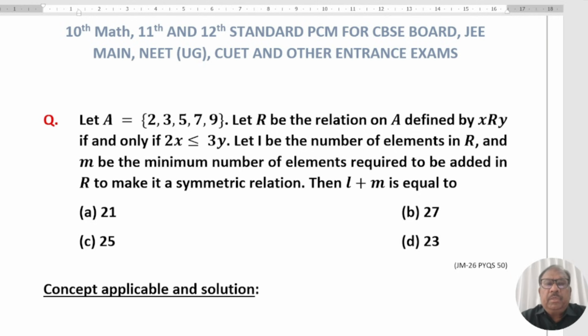Next question. Let A equal {2, 3, 5, 7, 9}. Let the relation R on A be defined by x R y if and only if 2x is less than or equal to 3y. Let L be the number of elements in R and M be the minimum number of elements required to be added in R to make it symmetric.